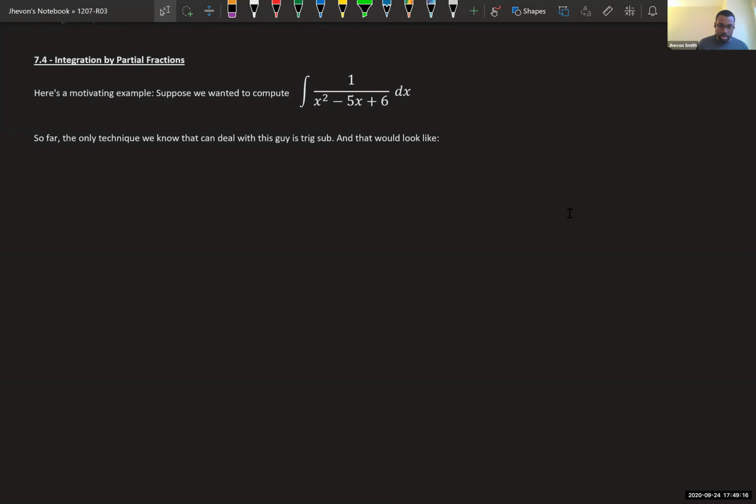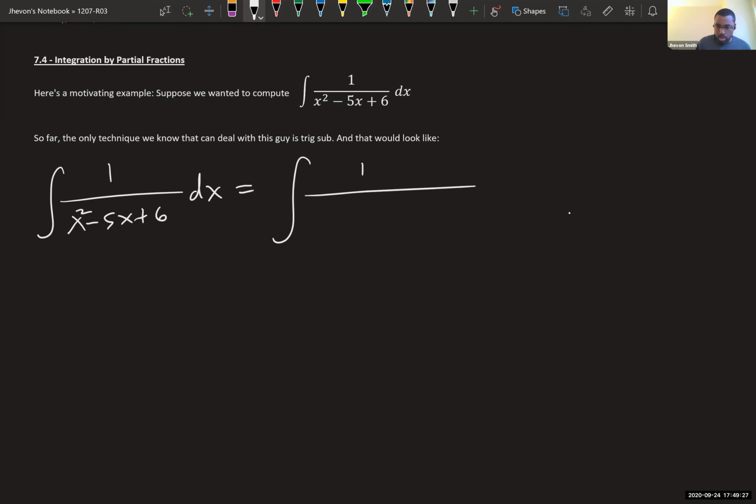What you can do is complete the square. That would look something like x minus 5 over 2 all squared. If you square 5 over 2, you get 25 over 4. So now you have to figure out what to add or subtract from the 25 over 4 to get plus 6. I think it's 1 over 4.